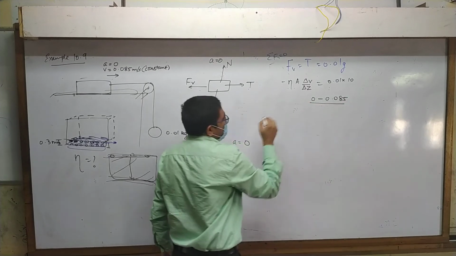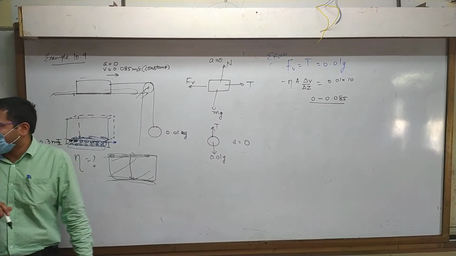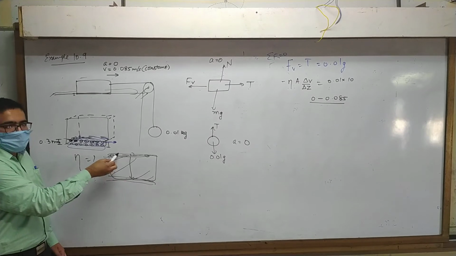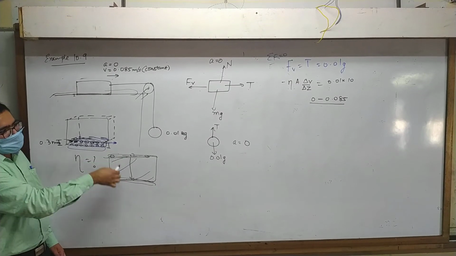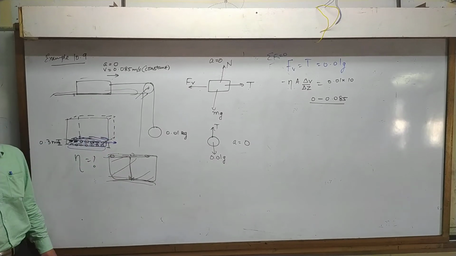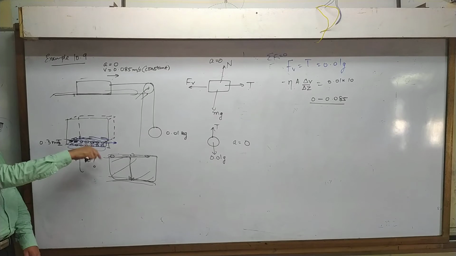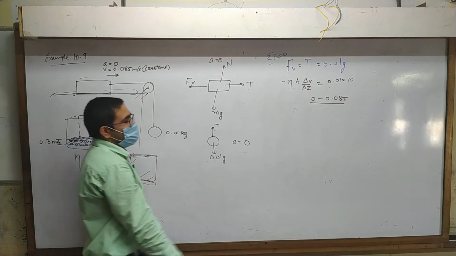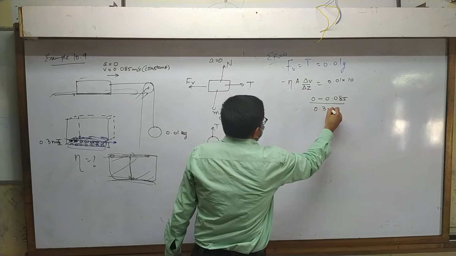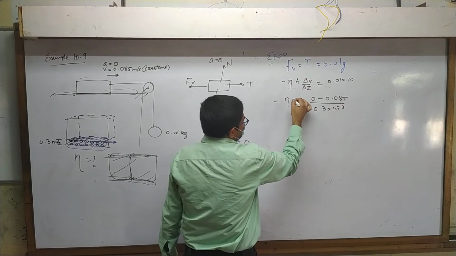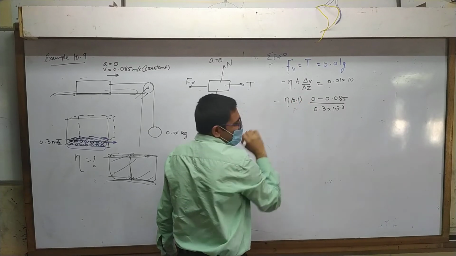Understood? Okay or not okay? Final minus initial. Final is 0. And in depth, how much is the change in depth as you go from here to there? That should be clear. And minus sign, eta, the area is 0.1, I think.